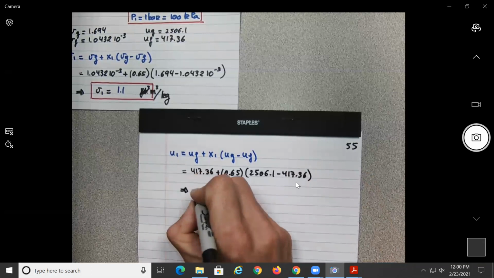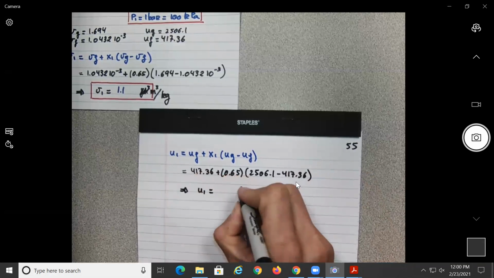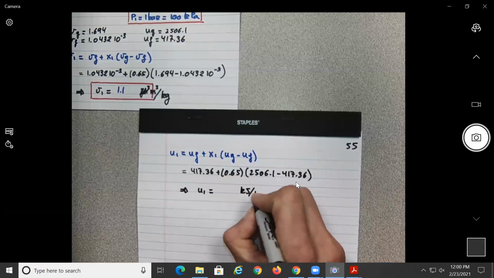And this will give you U1 in kilojoules per kilogram.